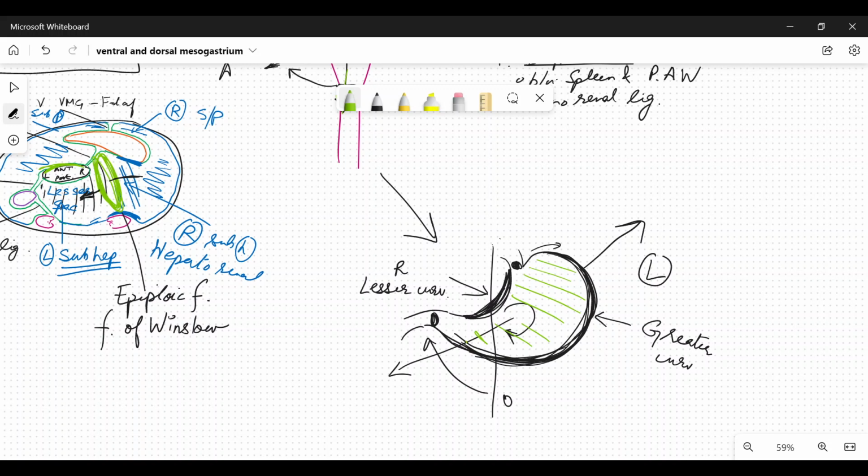So this anterior surface was actually the left surface of the stomach that has come anteriorly because of rotation around the longitudinal axis, right? So that's all.